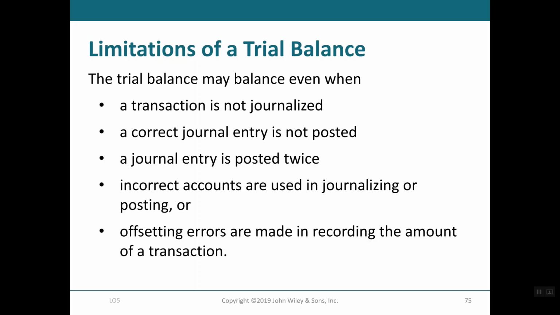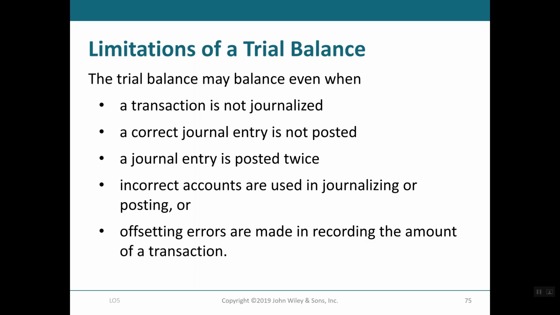If you enter a journal entry twice, say the $400 was entered the first time and you entered it the second time, at the end of the day, debit is still going to equal credit. All right, if you put in incorrect amounts and then you post them, debit and credit. So for example, say the $400, right? Instead of putting 400 in my debit, I put 40, and in my credit, I put 40 also.